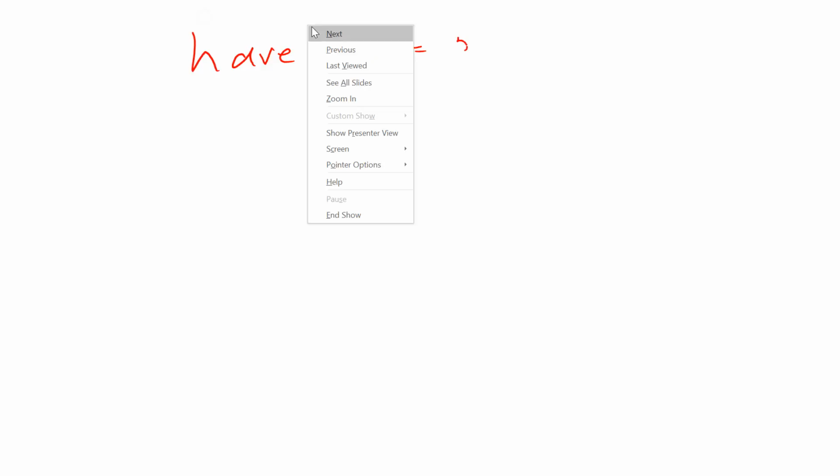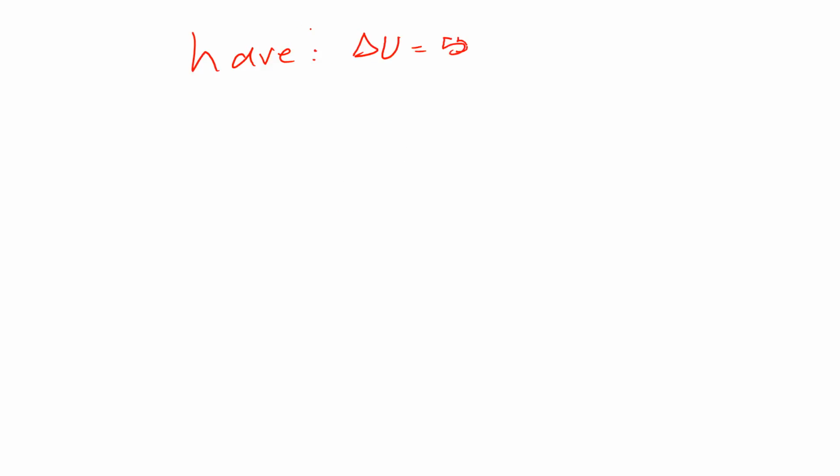And what do we have? We have that delta U is equal to 50 joules. It increases 50 joules, or decreases by, it decreases, so negative 50 joules. We know that the mass of water is equal to 100 grams.